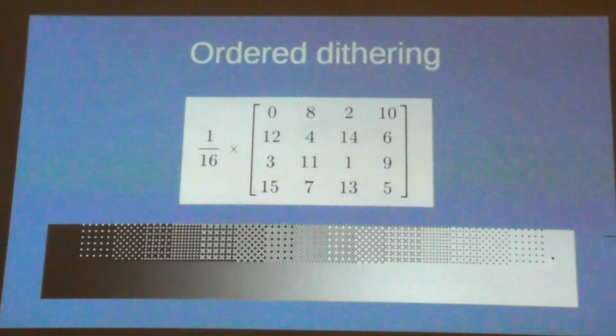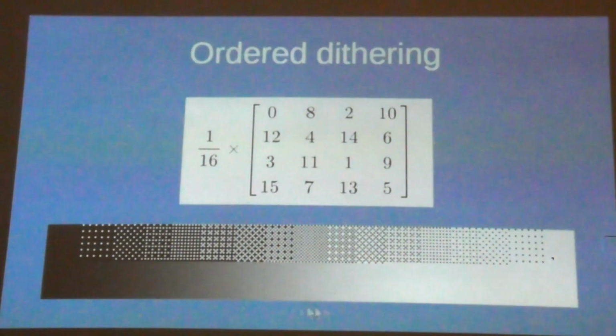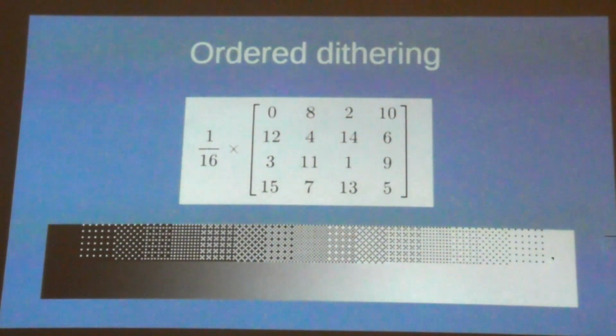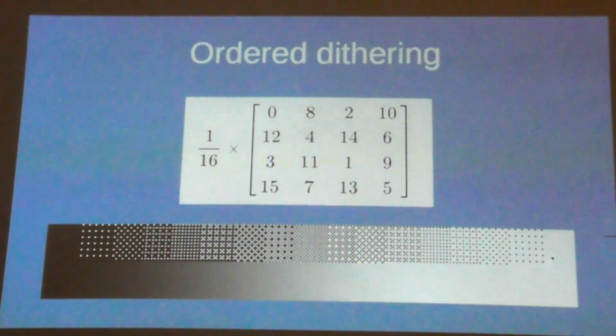So in some situations this dithering is better, but it has one big disadvantage compared to Floyd-Steinberg. It can basically only be used to go from one color to another, and it's very useful if the amount of red, green and blue colors is the same.